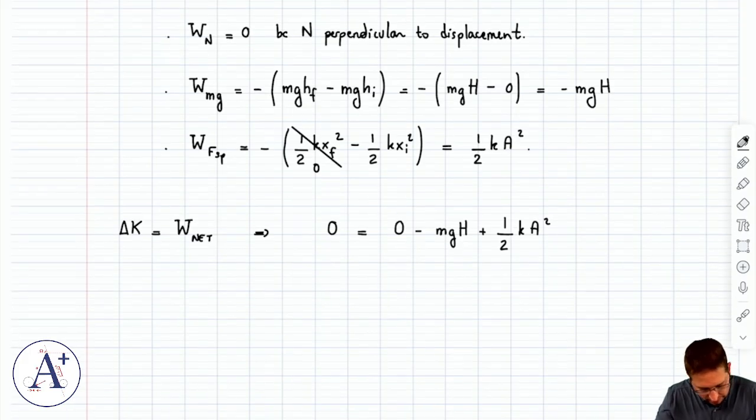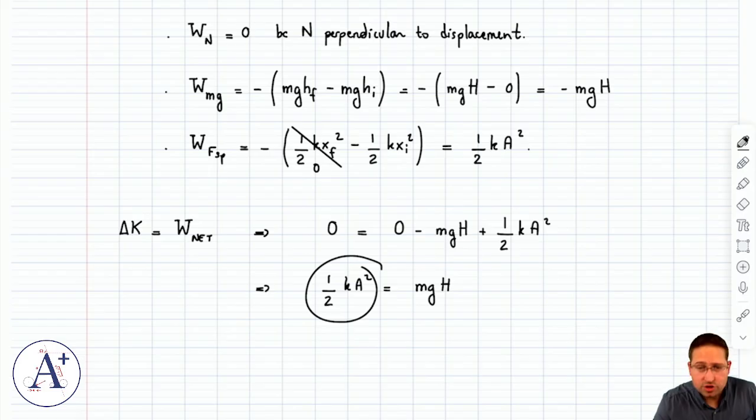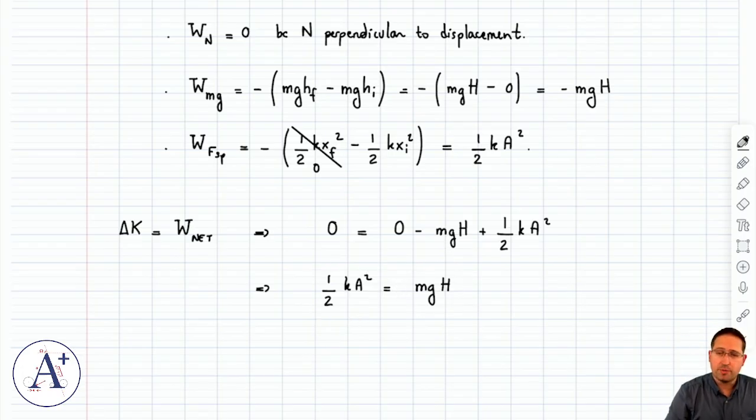If you're solving for a, it's going to be 1/2 k a squared is equal to mgh, of course. Meaning that all the energy you had in the spring initially was transformed into gravitational potential energy to get you up to that height h.